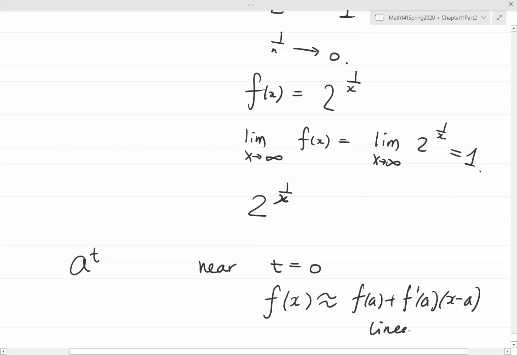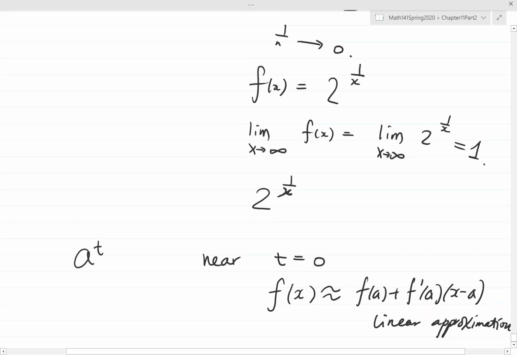The derivative of a to the t is a to the t ln a.